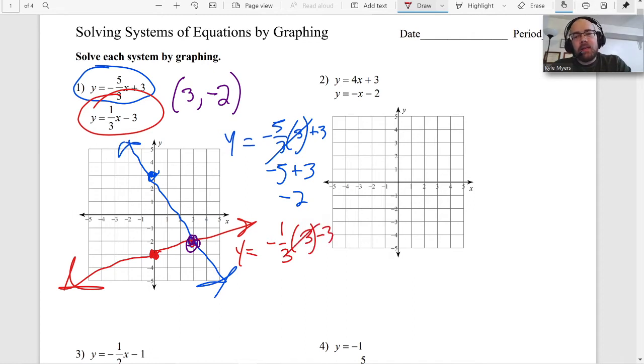Well, again, the 3's cancel, so I'd have... oh, no, it's a positive 1/3. I don't know why I put a negative 1/3 there. It's a positive 1/3, so we have positive 1 minus 3. There we go, and we get negative 2. So that tells us that we have the right answer. Like, for real, for real.